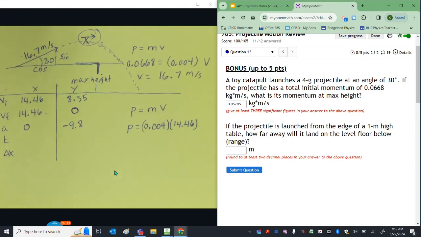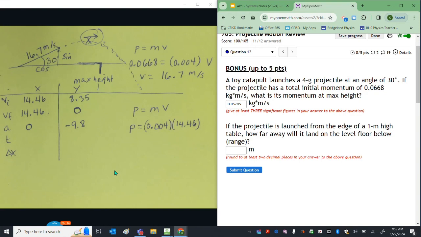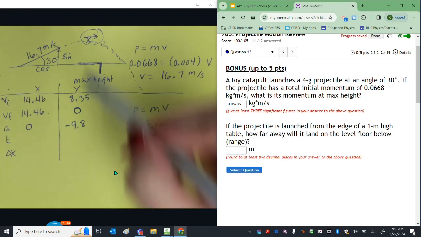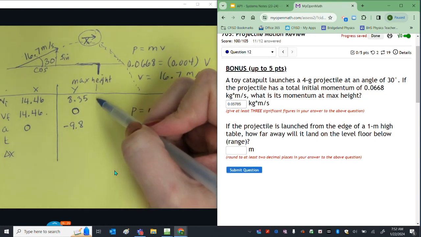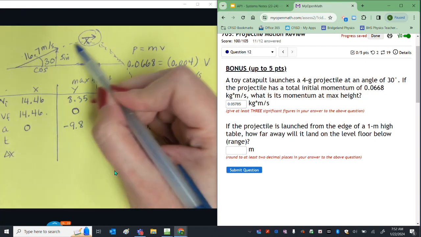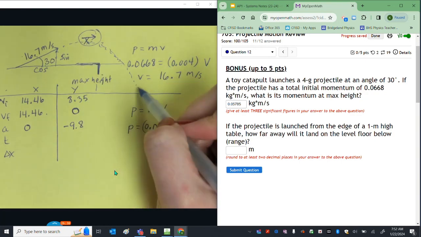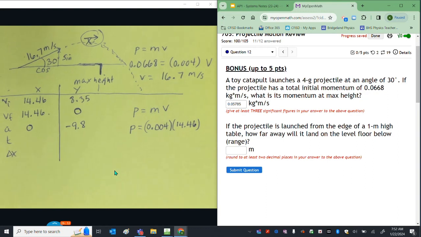Okay, so the way that you solve this if you're on uneven ground, and the warm-up question today has an example like this if you want to look back at it, but you have to solve to max height for this one. And you're going to have basically motion up to this point, and then you're going to have motion all the way down to here. So if we're trying to figure out how far away it will land, we're looking for the range right here.